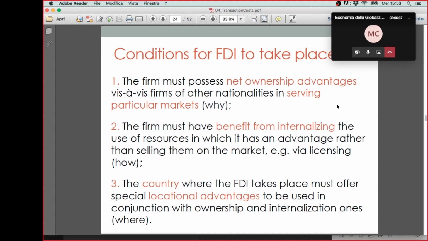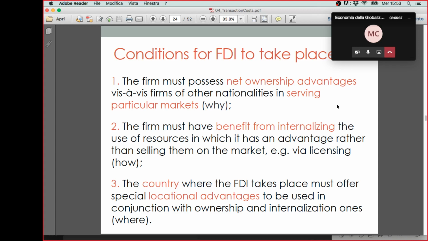For instance, a very well organized network of distribution and communication. So these three things explain the why, the how, and the where foreign direct investment takes place.